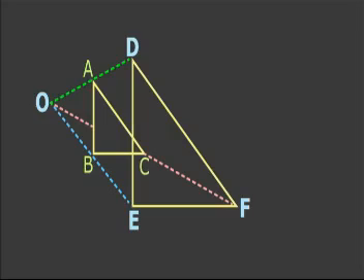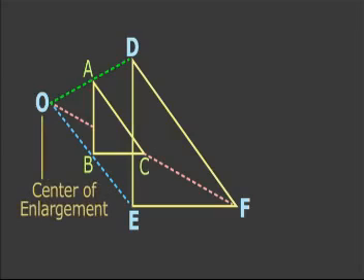Where those 3 lines intersect is called the center of enlargement.